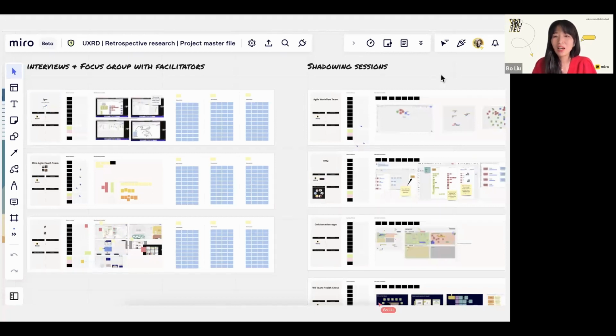It may take us extra time to find users to participate in our research. So we were thinking, why not just start with our colleagues, because we have a lot of them in product development teams and they do a lot of retrospectives for sprints and for their projects.